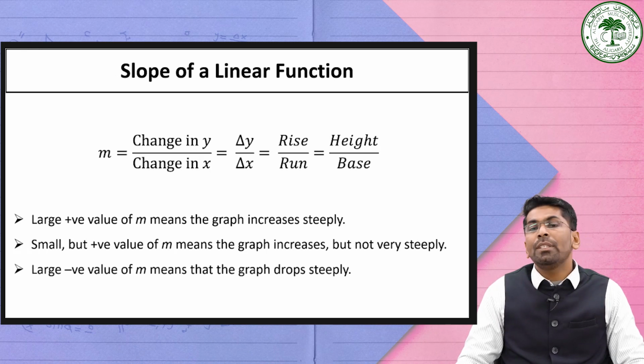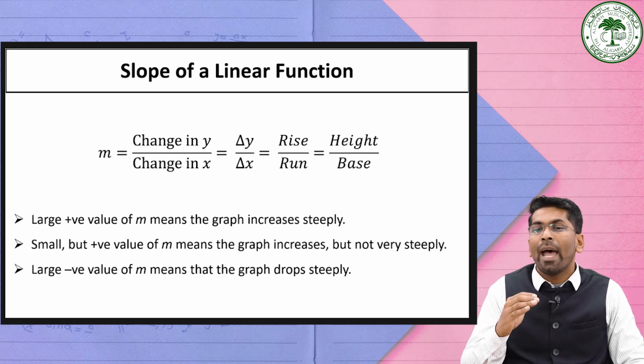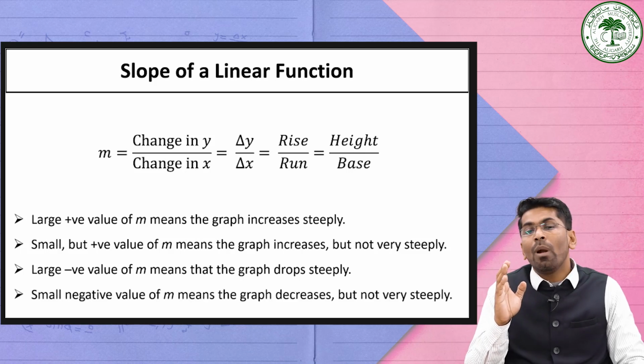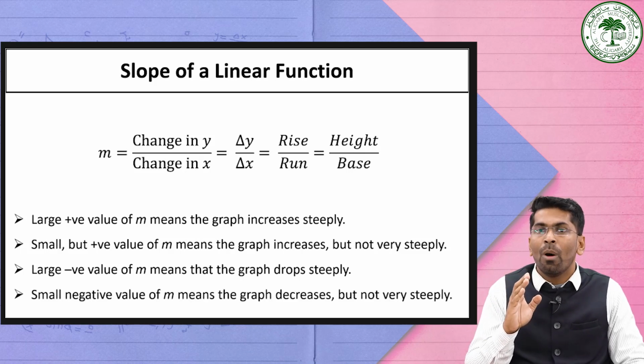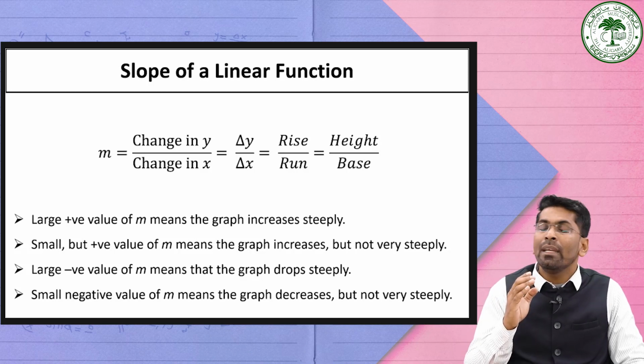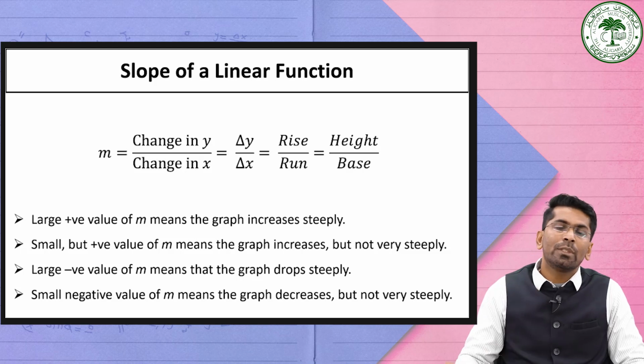Similarly, a large negative value of m means that the graph drops steeply as you move from left to right, and a small negative value of slope means that the graph decreases but not very steeply. So these are the various possibilities.